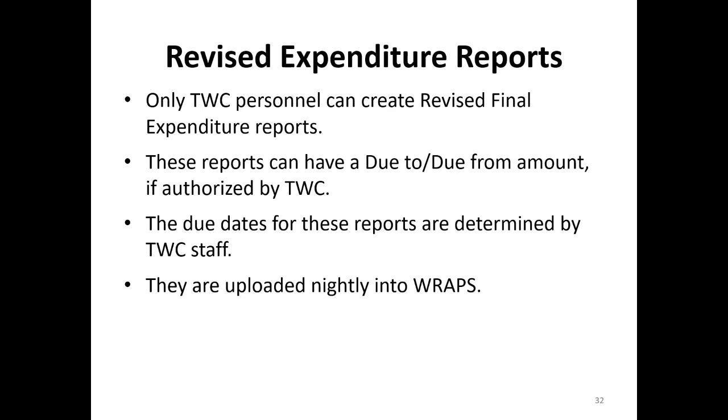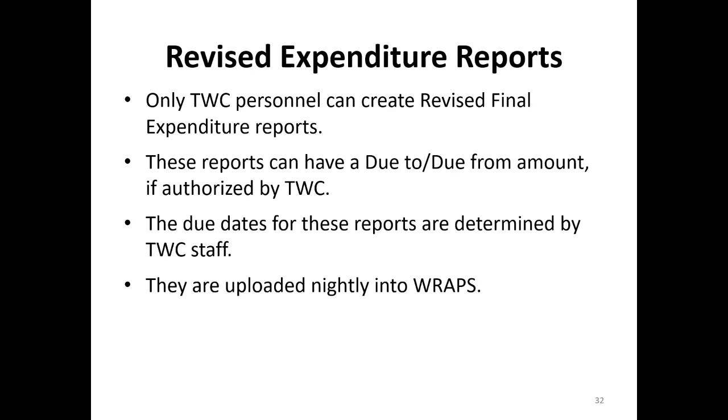And these are the only reports that can have a due to, due from that may not be equal 0, and that's because if it's, for example, a contract that's been closed out for 90 days and money has to go back and we can't apply it to the PO, then we'll have to just key it to our accounts payable module, and it'll have a different amount.